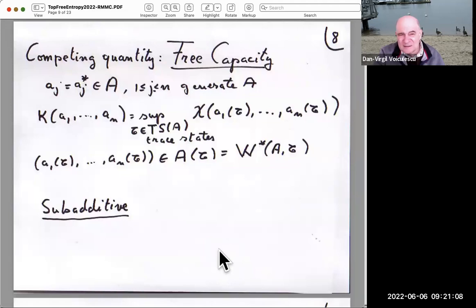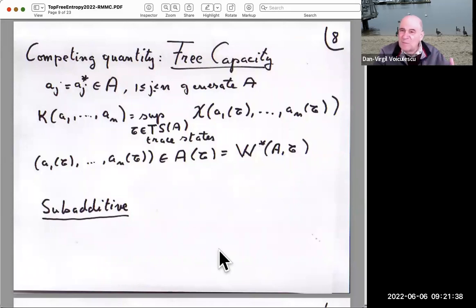So I have a trace state tau, one represents A using the Gelfand-Naimark-Segal construction, and one gets a von Neumann algebra, and A1 tau, ..., AN tau are the elements in that von Neumann algebra, which has, of course, a trace state. And the free entropy of this n-tuple in a von Neumann algebra with trace state is chi of A1 tau, ..., AN tau.